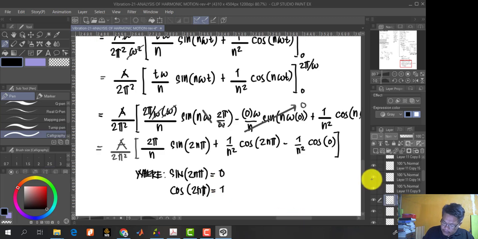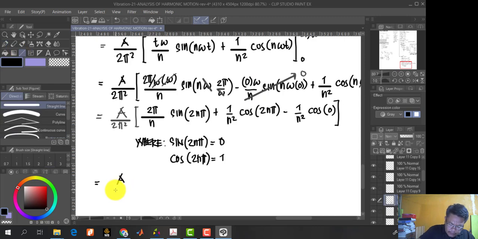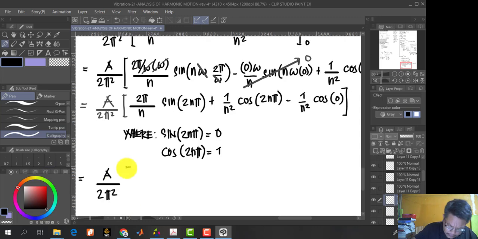So eventually this one will be cancelled out and this one will be equal to 1. So I can write here a, all over 2 pi squared, close parenthesis. So this will be 0 out. So 0 already, sine of 2n pi is 0.